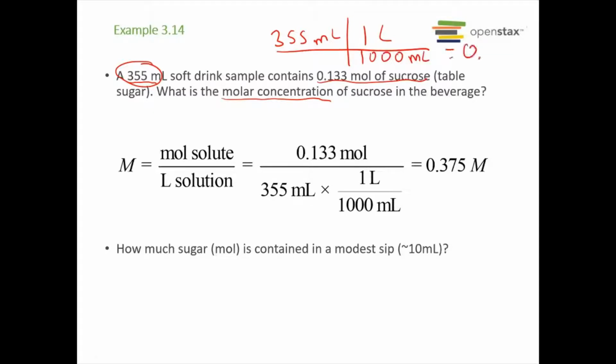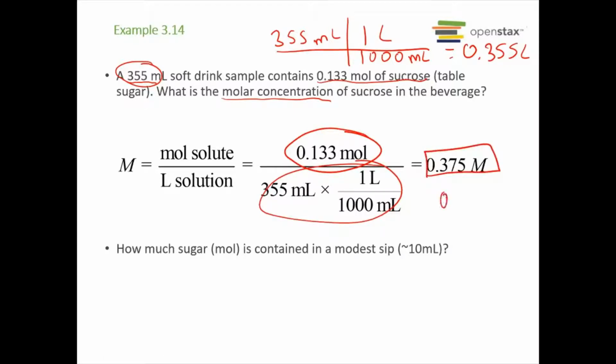So that's 0.355 liters. And so we take our moles, divide by our liters, and you get 0.375 molar, or 0.375 moles per liter.